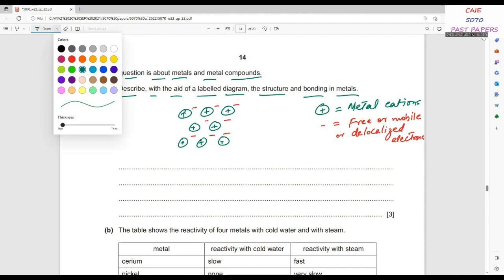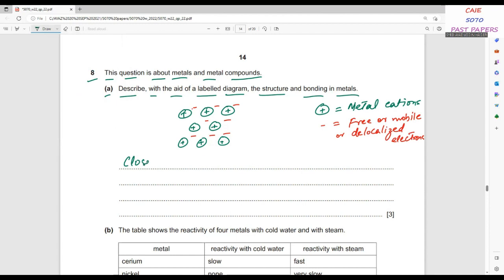So write closely packed positive or metal ions.